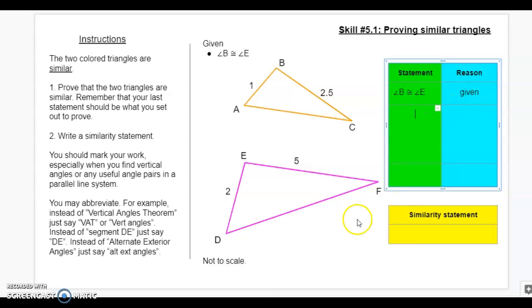Now, let's think about what my options are. By the way, I'm going to take longer to do this than you will because I'm going to be jabbering. But what are my options for similarity?